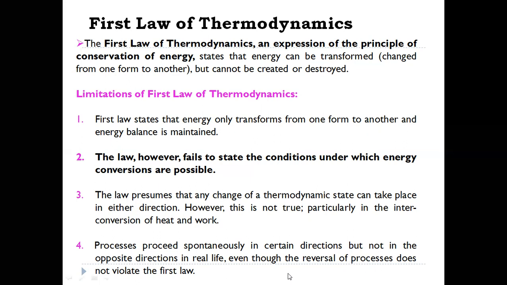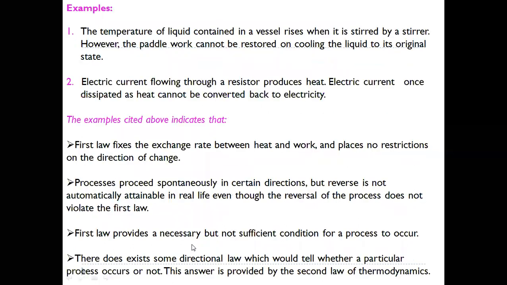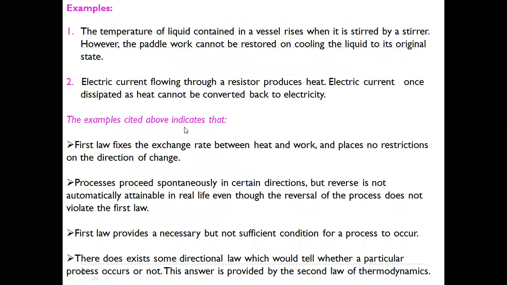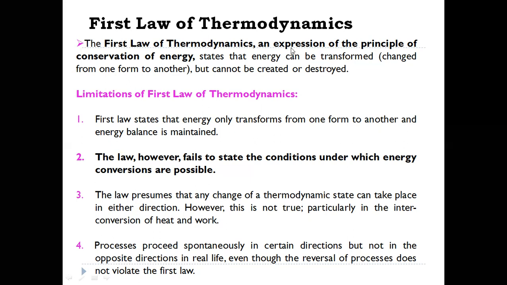Even if we assume the reversed process, it does not violate the first law of thermodynamics. So these are all the limitations of the first law of thermodynamics. The first law is an expression of the principle of conservation of energy, that is, heat is converted to work.